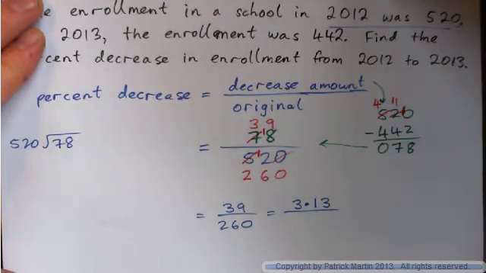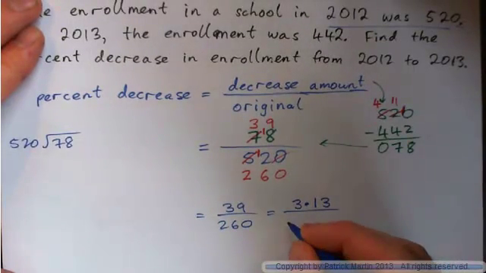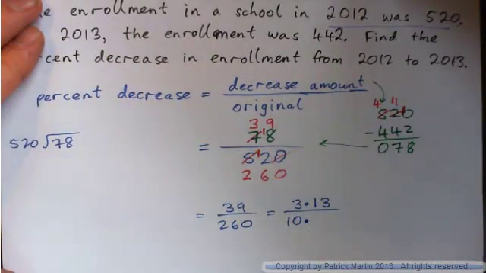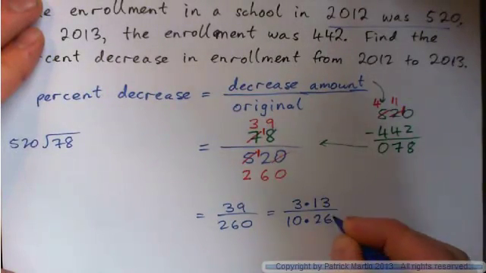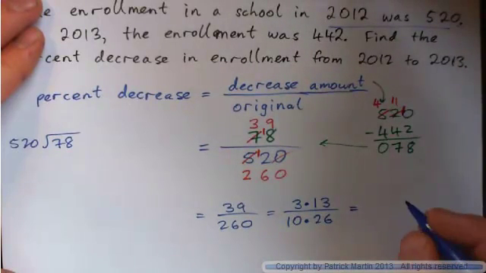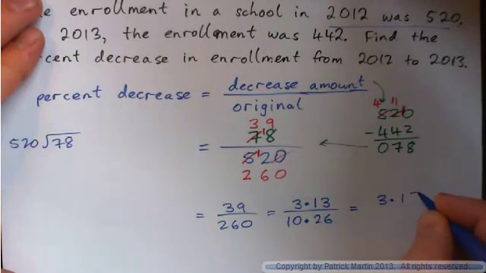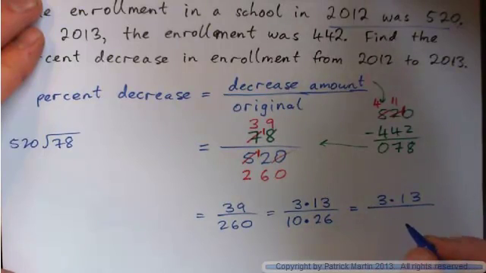Okay? Now on the bottom we have 260. Isn't that 10 times something? 10 times what? 10 times 26, right? Okay, so we have 3 times 13 over, and now 10 is 2 times 5, and 26.